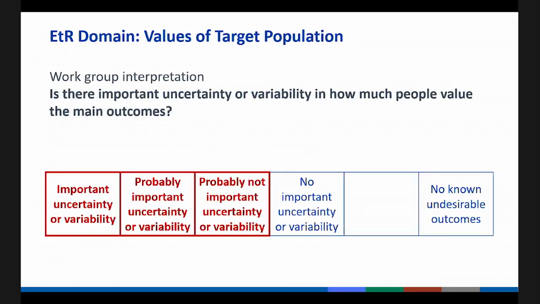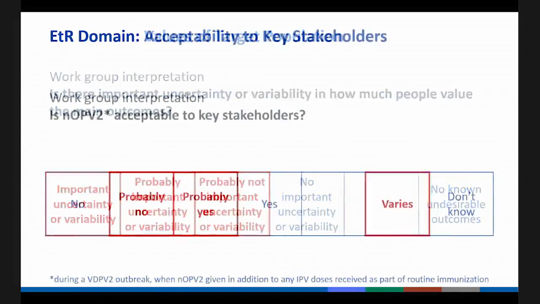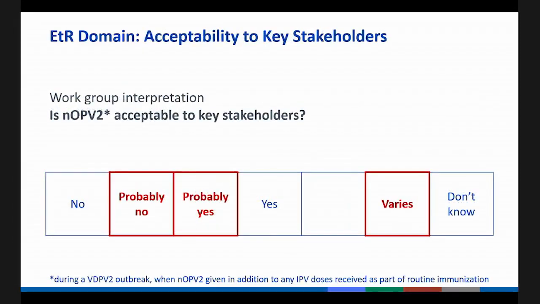However, they were divided about whether there was important uncertainty or variability in how much people valued the main outcomes. The work group was similarly divided about whether NOPV2 would be acceptable to key stakeholders, with some saying probably no, some saying probably yes, and some saying that it varies.